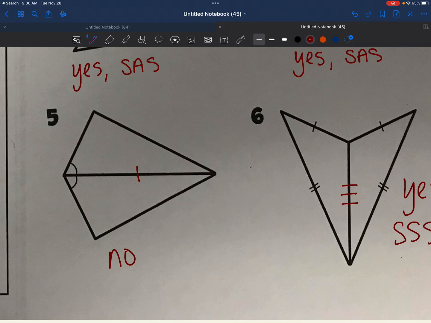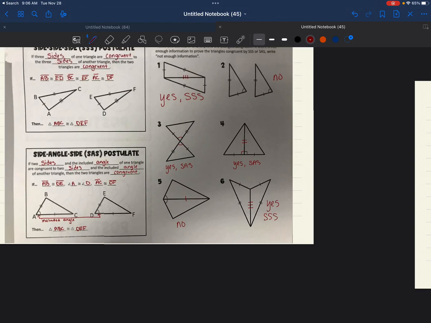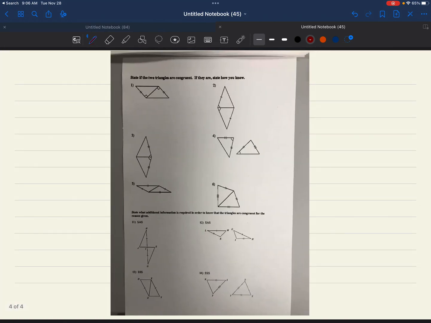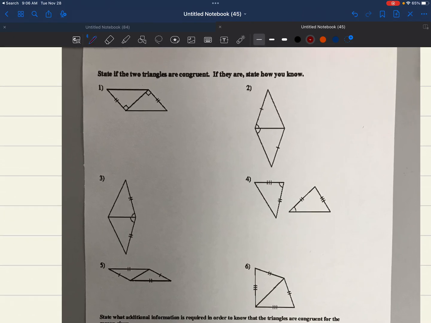All right, go to the second paper that I passed out to you. Okay, Sonny, will you read the directions on that page, please?